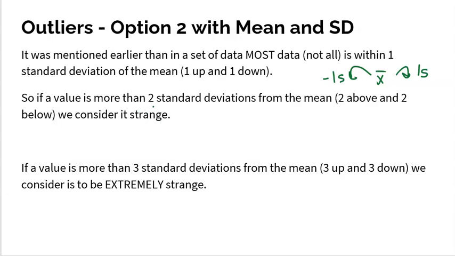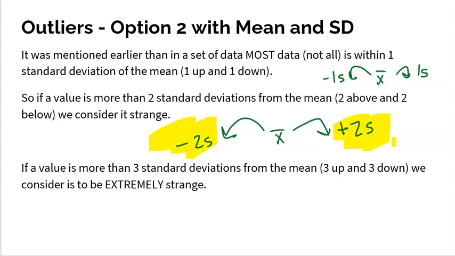If a value is more than 2 standard deviations away, that's pretty strange. So here's our mean. If we go up 2 standard deviations or down 2 standard deviations, any values outside of that are pretty strange. Those values would be considered pretty weird.